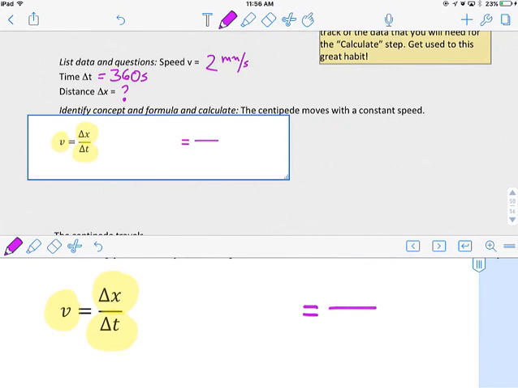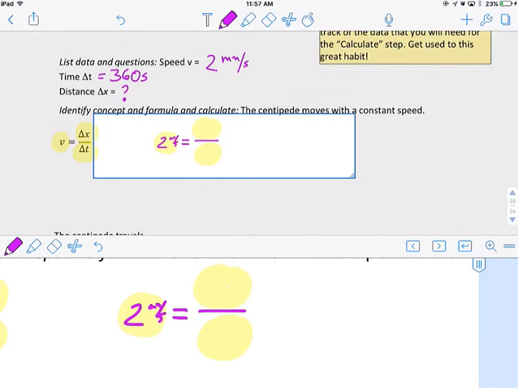There's a spot here where I'm going to put V, a spot here where I'm going to put triangle X, and a spot here where I'm going to put triangle T. My V is 2 millimeters per second, and my distance is what I'm looking for. People are pretty good at solving for X in math class, so I'm going to use an X there, but you could put a triangle X if you'd prefer, or a D.